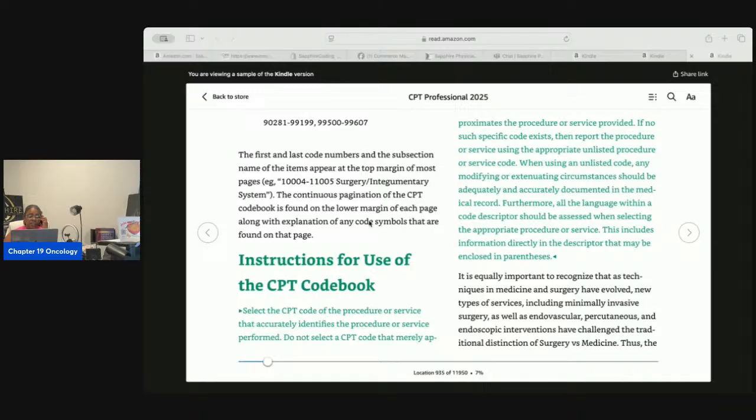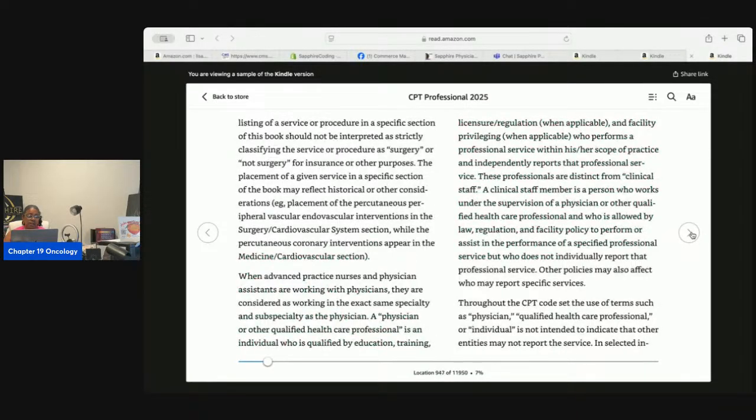Again, these are good for you to learn what CPT is, how we code, what Unit 99215 is, what E&M codes are, what ambulatory codes are. We're not copywriting anything, this is Kindle, this is actually the free part of Kindle. Okay, and you get a few chapters with this.